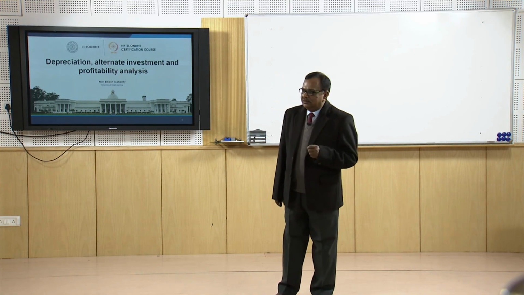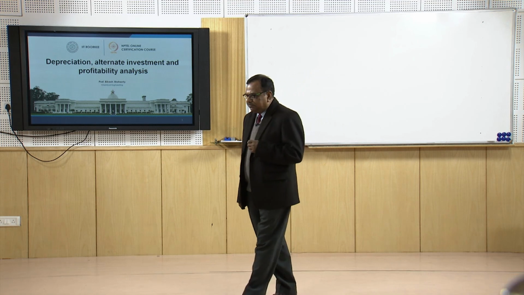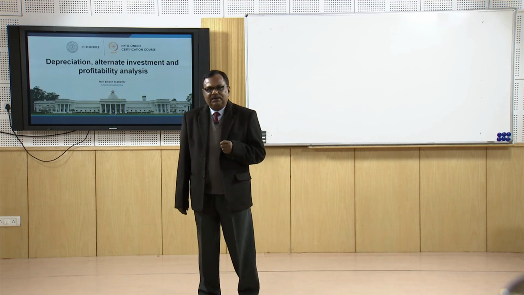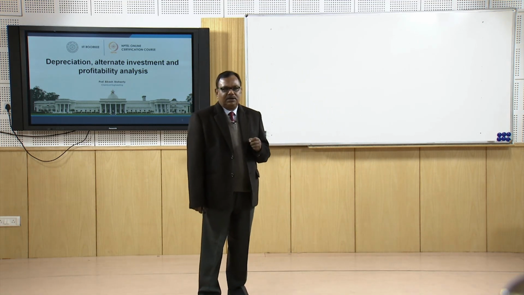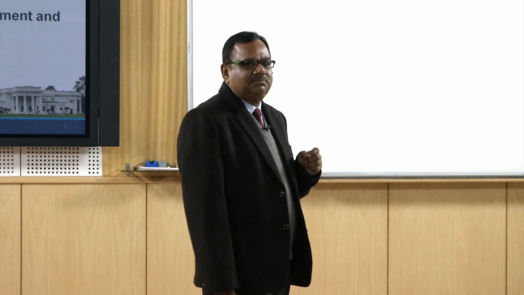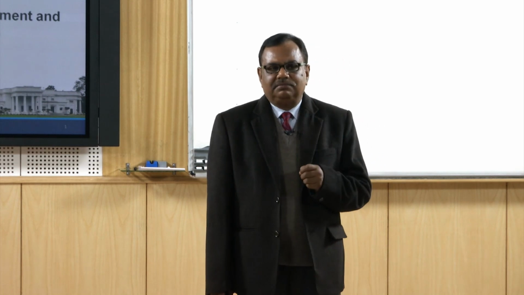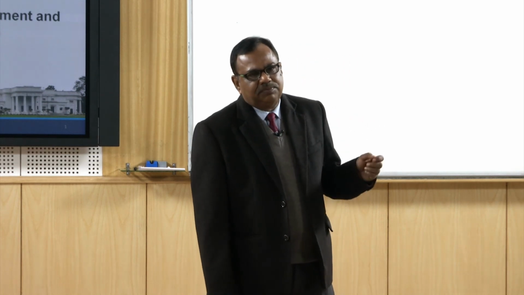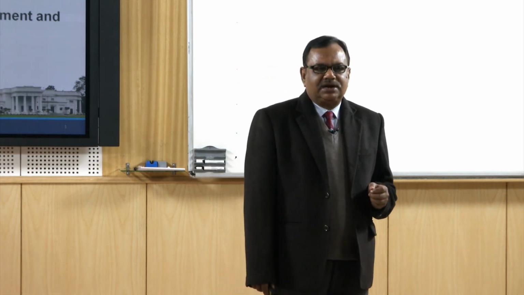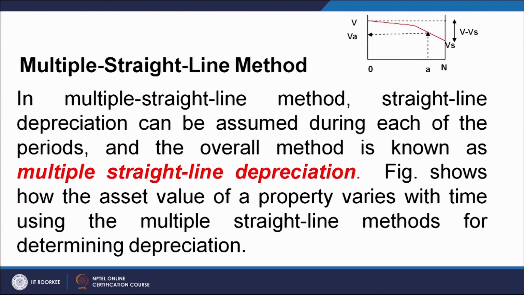Now, as we can estimate depreciation by a straight line method, we can also estimate depreciation using multiple straight line methods. In the multiple straight line method, straight line depreciation can be assumed during each of the periods, and the overall method is known as multiple straight line depreciation.